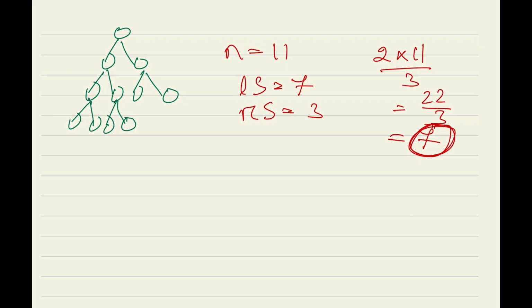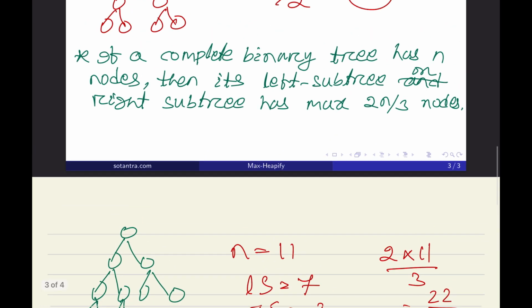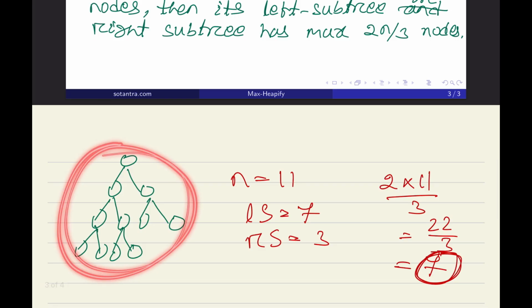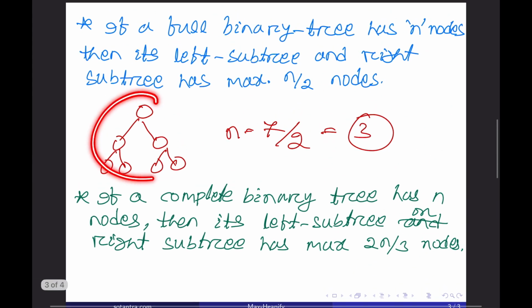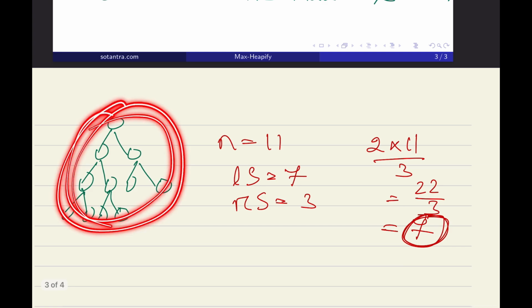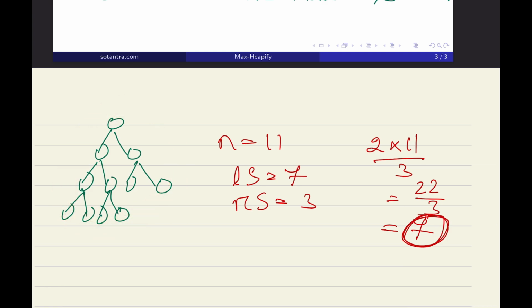So a maximum of 2n by 3 nodes is possible for a complete binary tree, and for a full binary tree it is n by 2 nodes. This one is also a complete binary tree, but this is a special case.